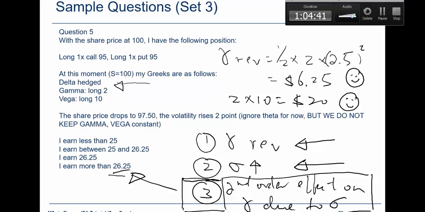Sorry, can you say again? Mm-hmm. No, the put, you make money from the put. In this case, the put price will actually go up because the share price is dropping and you are long the put.